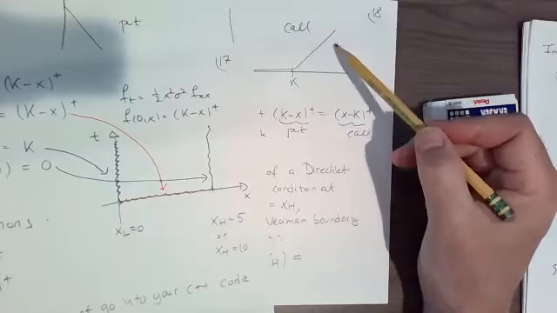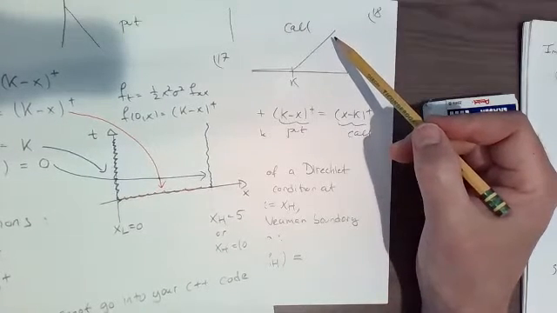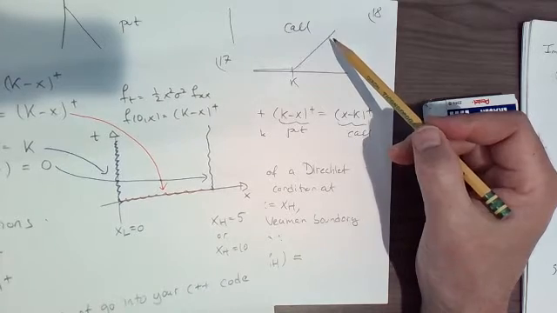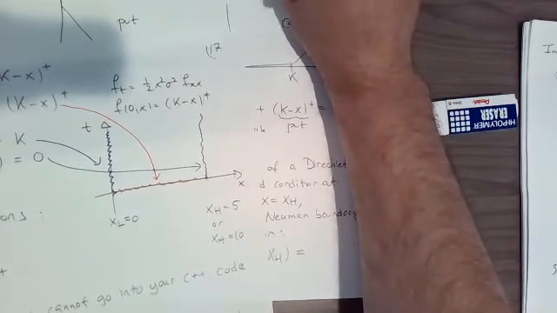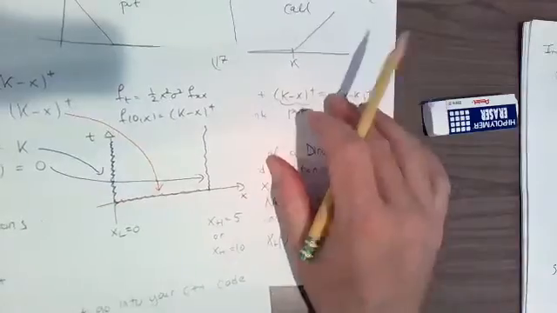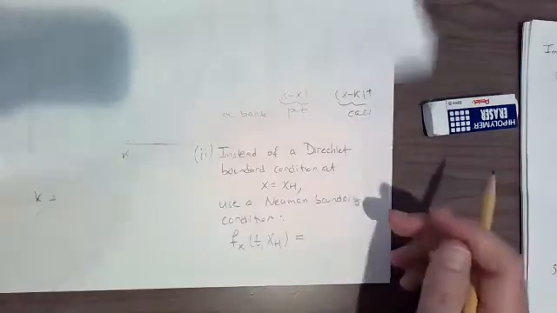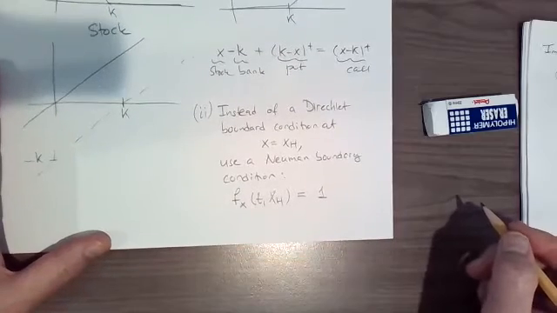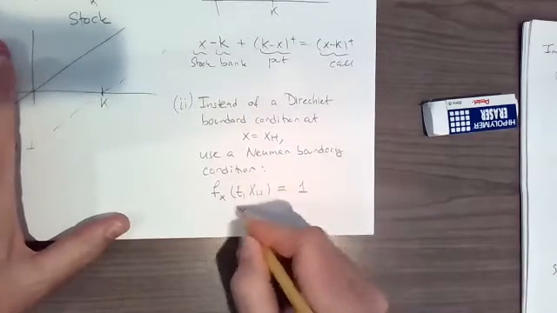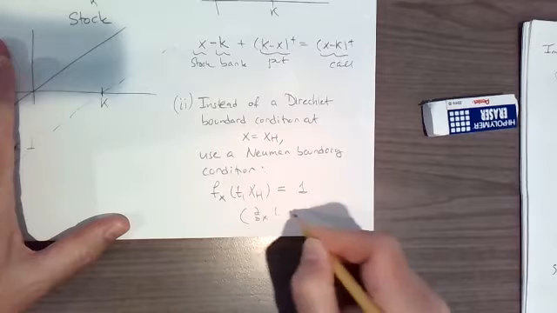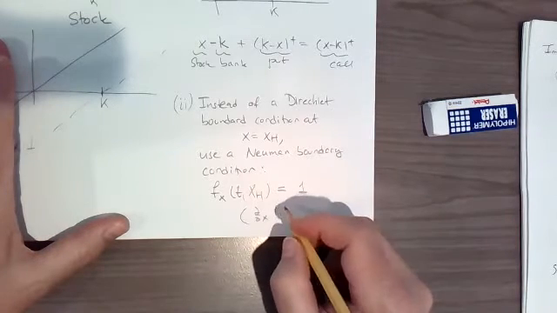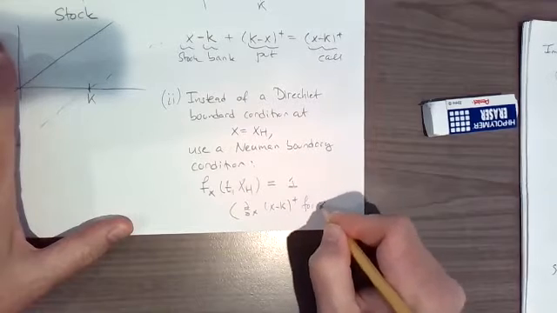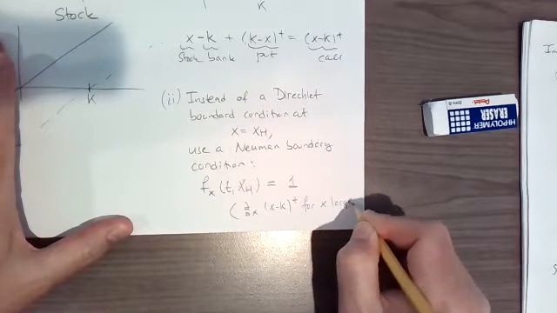And if you compute the derivative of this line, you're not going to get a 0, you're going to get a 1. This is because the derivative of x minus k, for x large, is equal to 1.